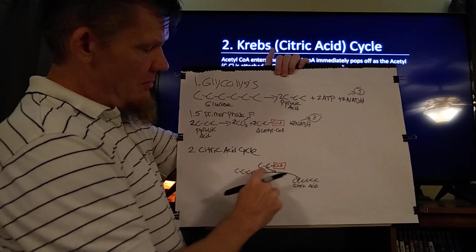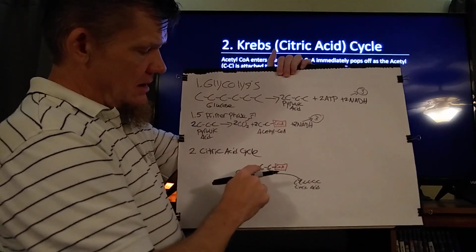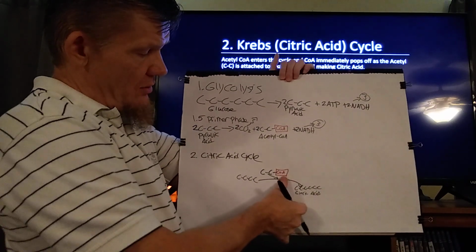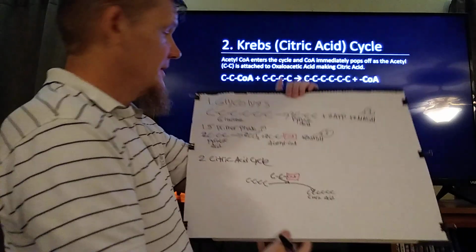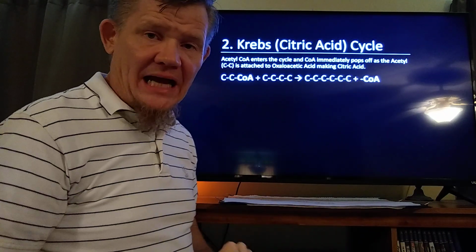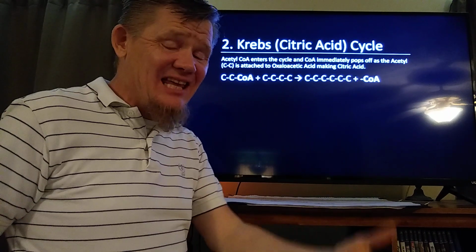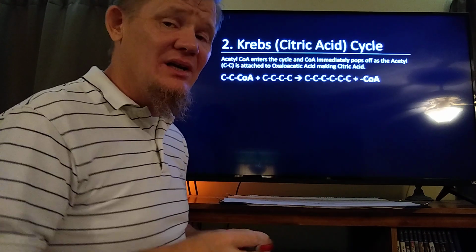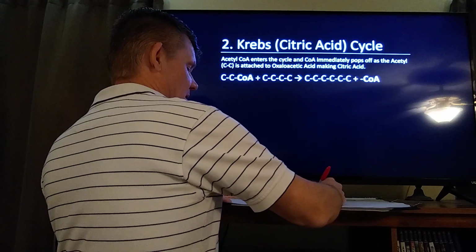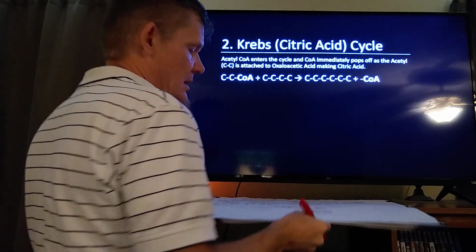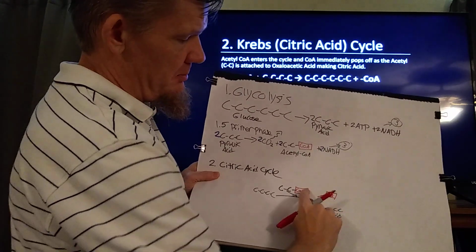When my acetyl is attached to my 4-carbon molecule, the coenzyme A pops off. That is what this enzyme accomplishes, and that is getting those 2 carbons into the Krebs cycle. My coenzyme A pops off.